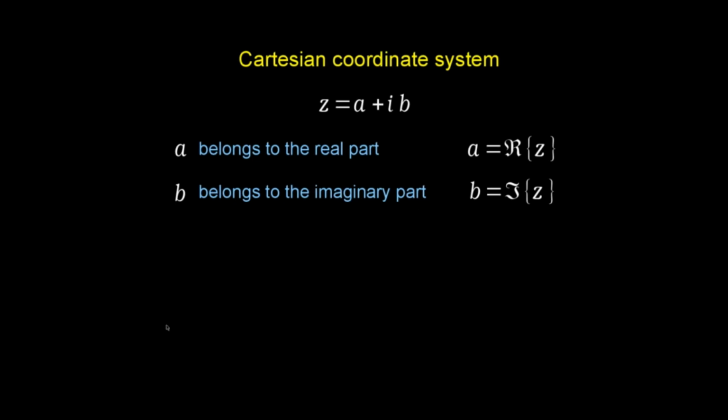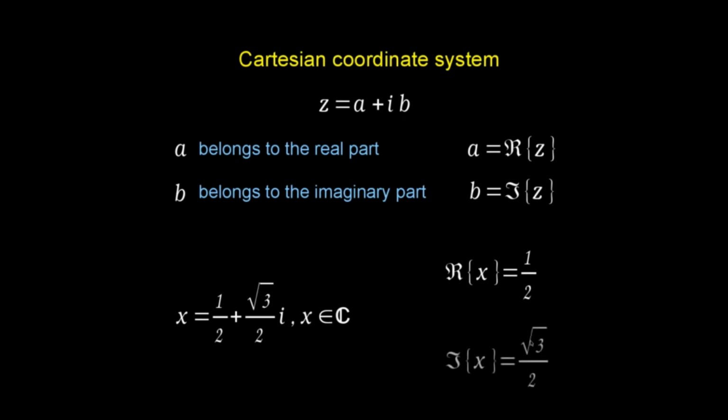So for instance, if we take our first solution of the equation, x equal to 1 divided by 2 plus square root of 3 divided by 2 i, the real part of this complex number is equal to 1 divided by 2, and the imaginary part is square root of 3 divided by 2. Simple enough.